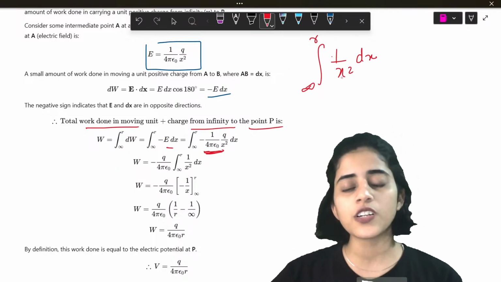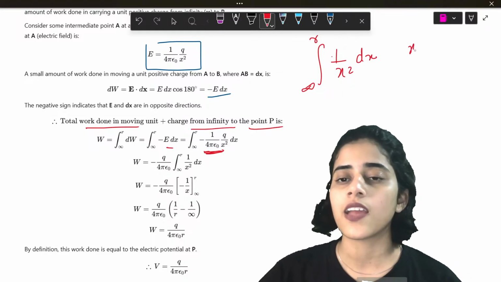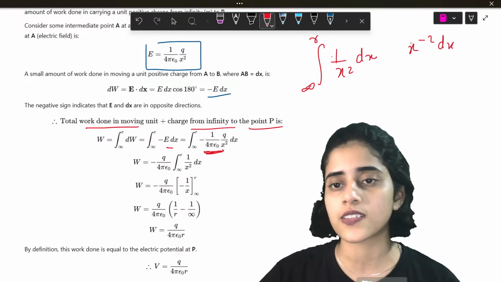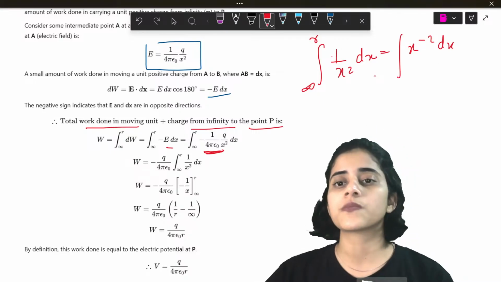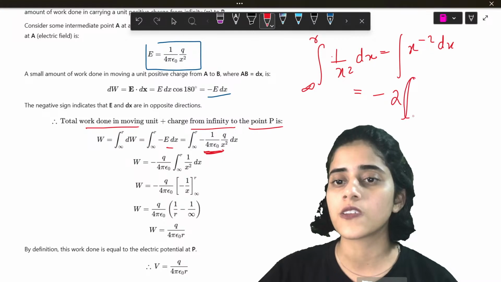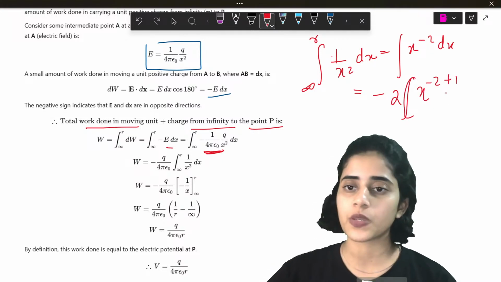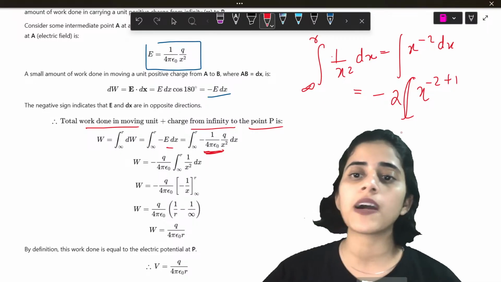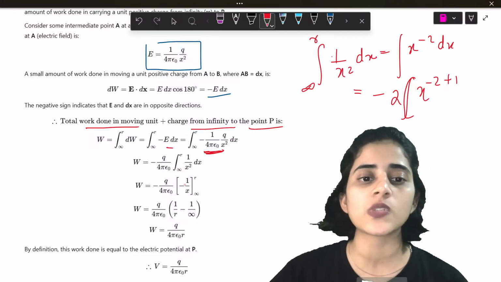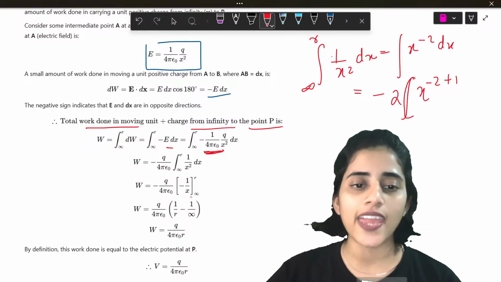Okay. So integral of 1 by x square is minus 1 by x. Why? This is just x raised to minus 2 dx, which is x raised to minus 2 plus 1 by minus 2 plus 1, which is minus 1 by x. Not square, minus 1 by x.